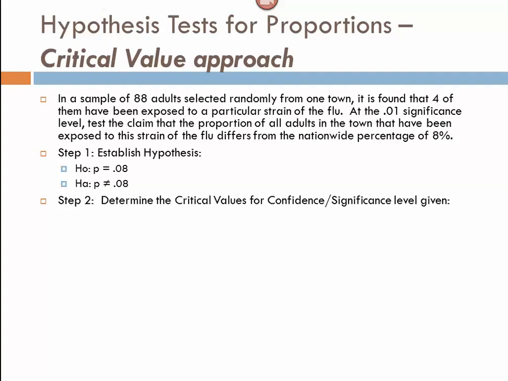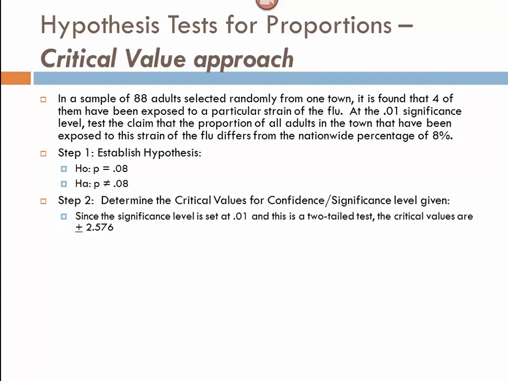But if we look at the z value for a 99% level of confidence, we find that they are positive and negative 2.576. Two ways you can find this. You could use technology, just like we did before, keeping in mind that just like with confidence intervals, we've got two tails in our picture. The other way is to look at your t-table.